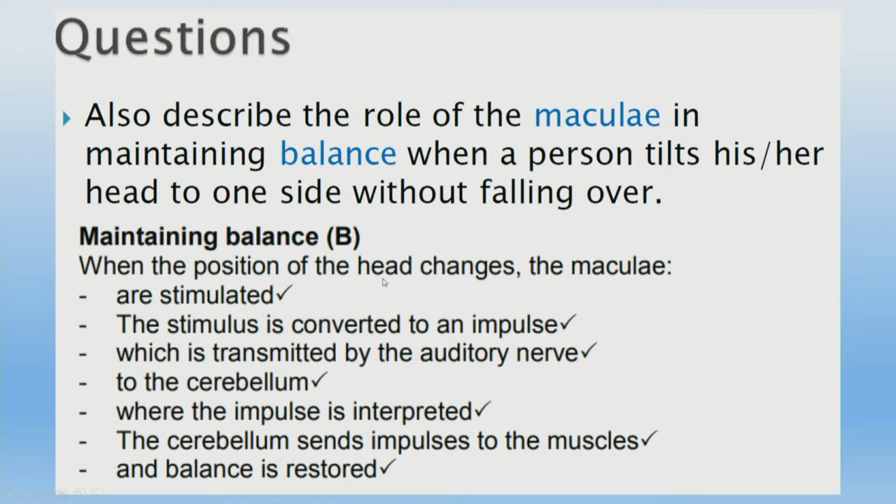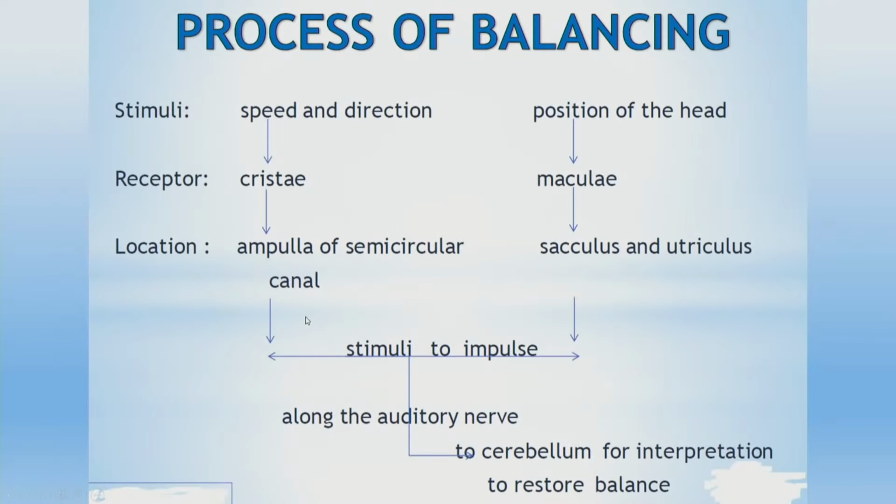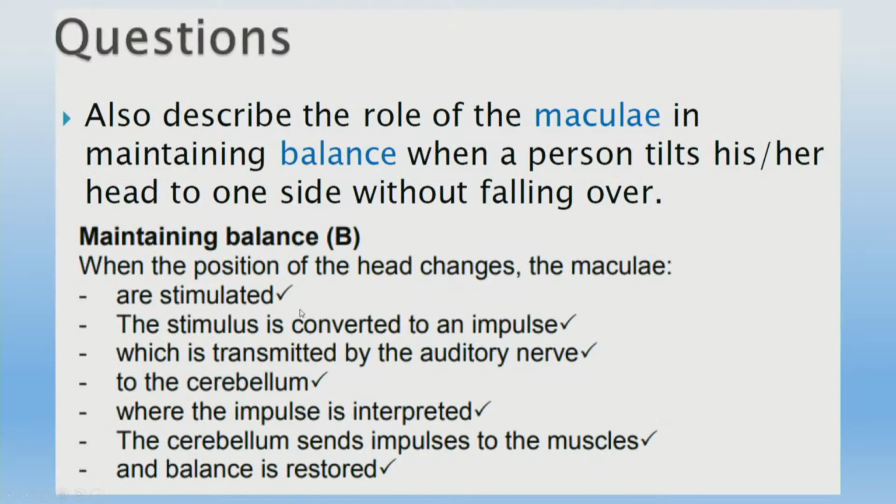Or you can also say that the maculae, which are found inside the sacculus and utriculus, are stimulated, and then the stimulus will be converted into an impulse, which will be transmitted to the auditory nerve and also to the cerebellum, where the impulse is interpreted. Then the cerebellum sends an impulse to the muscles, and then balance will be restored.